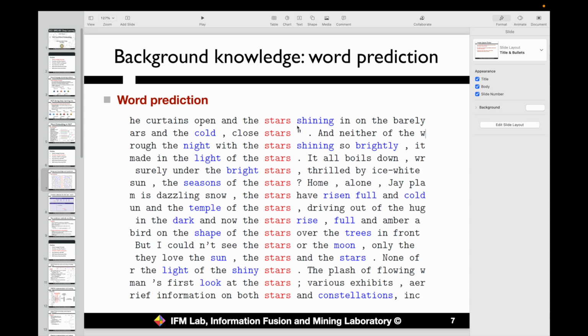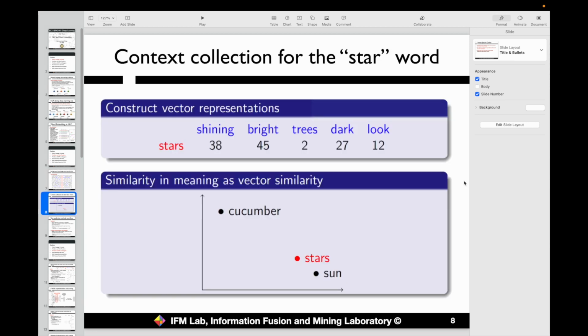Okay, so when we do the prediction of some missing words, then we are starting the word prediction problem, according to the surrounding context of the words. And here, if we first extract the surrounding context words out, we find that some of the words will appear more frequently than the others, right?